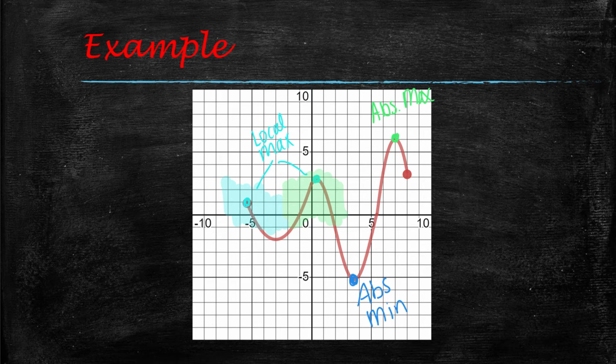We have a local minimum here, and we also have a local minimum here, okay? So those would be both considered local min. So the big word that I tend to just think of over and over is absolute. If it is the absolute highest point, then that would be considered absolute max. If it's one of the highest points, then that would just be a local.